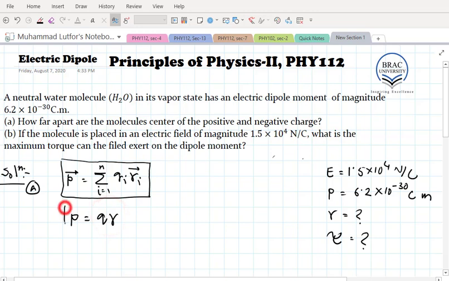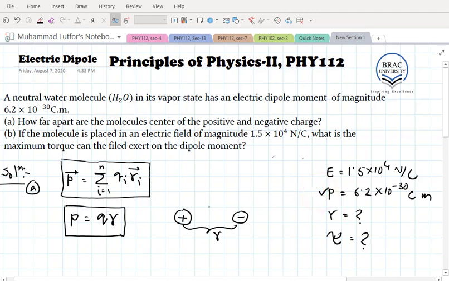So this is our working formula, where r is the distance between the two opposite polarity charges. Say this is a plus charge, this is a minus charge, and the distance between them is r. Then we can write down this formula. They gave me the dipole moment magnitude, and we are going to find r.